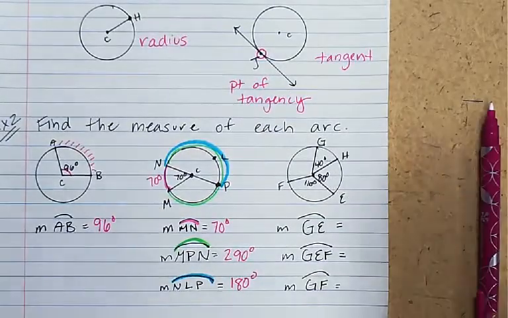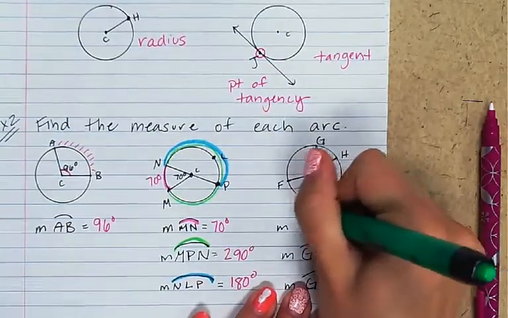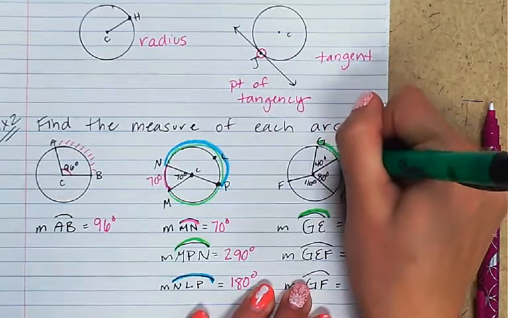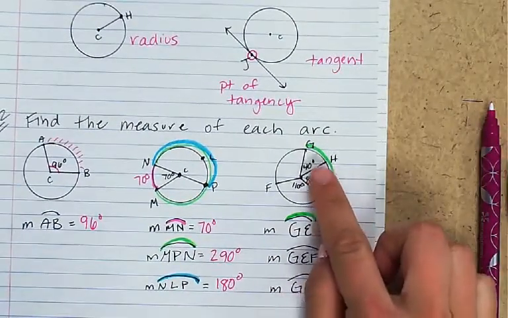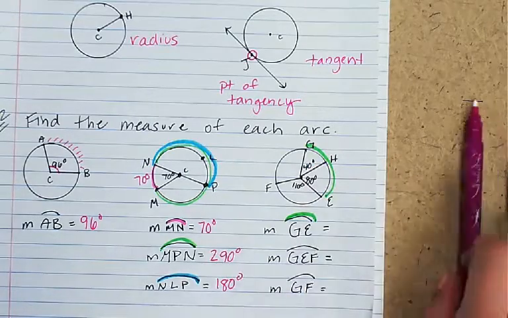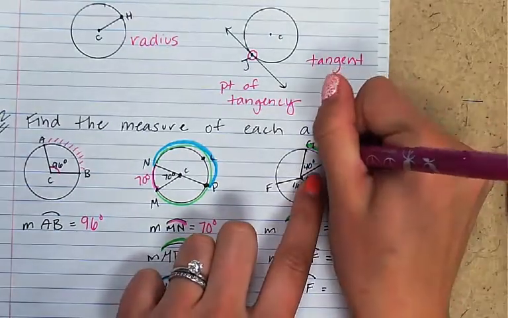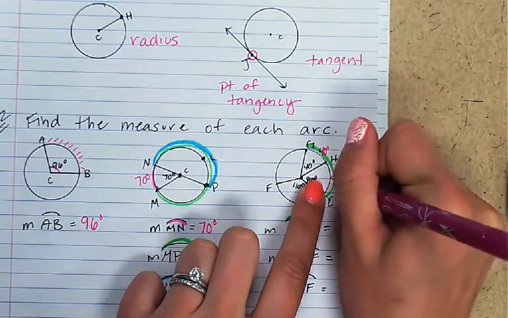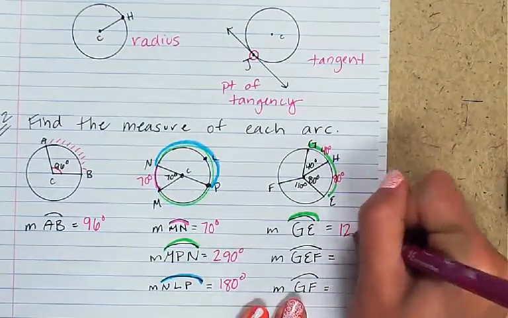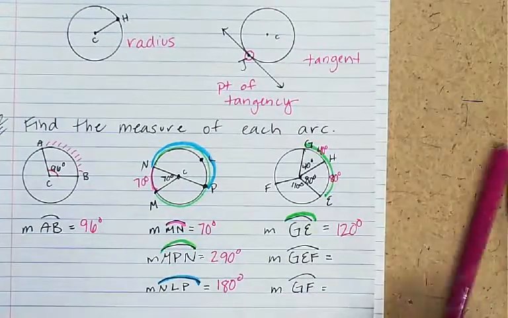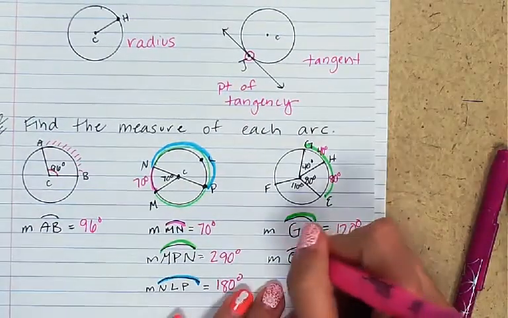First we have to find the measure of arc GE. I know it's kind of hard to see, but this says 40 degrees and that says 80 degrees. So if this is 40 and this is 80, you just add them together, that's 120 degrees. Now let's look at GEF.